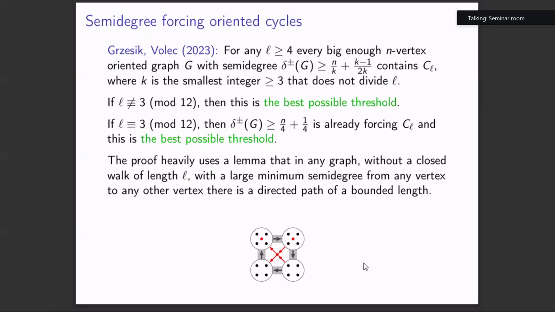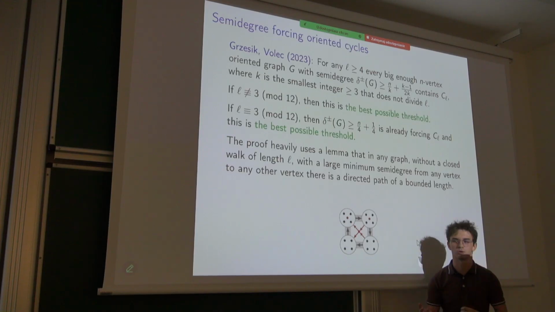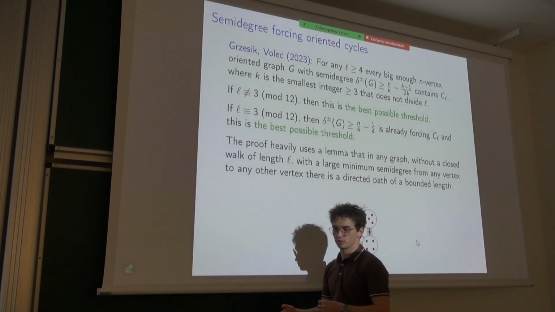Why can't this proof be applied to our problem? As you know, we would be concerned with outdegree instead of semi-degree. Well, a graph with a high semi-degree has a bounded diameter, whereas a graph with a large outdegree may not.